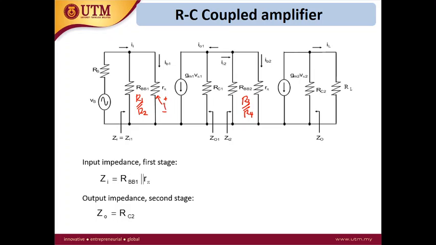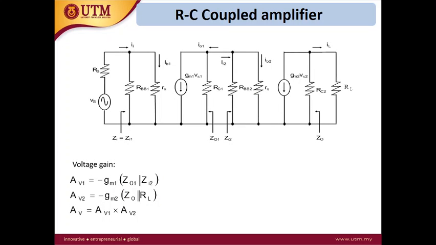This is V pi 1, and this is also V pi 2. Okay. So the input impedance for this multistage is seen from the input here. From the input, you only see the RBB1 and R pi. Okay, as for the output, we will only see the RC2.